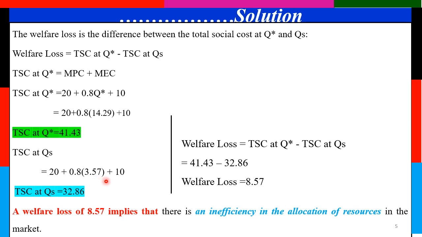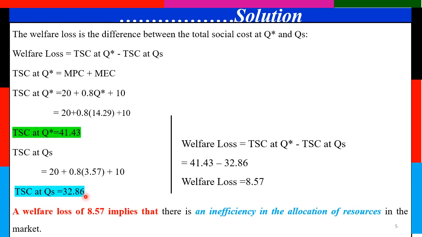The socially optimal level, 3.57, which we already calculated, plus external cost, this one.